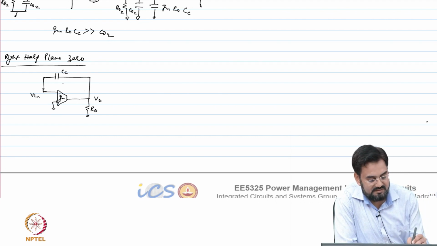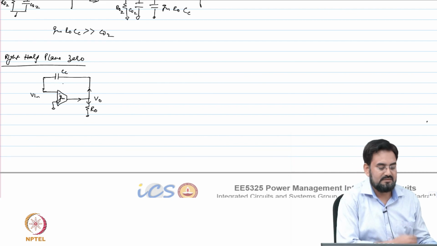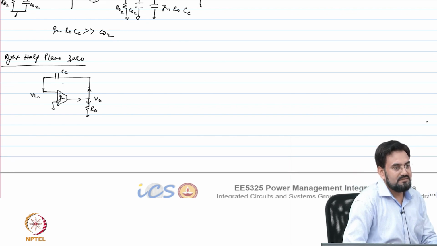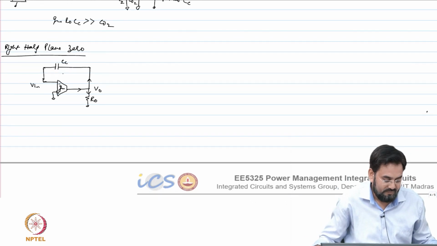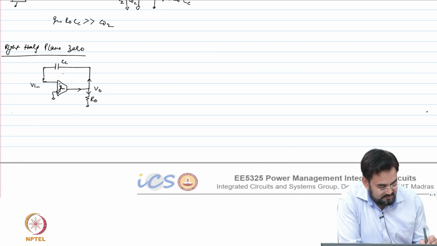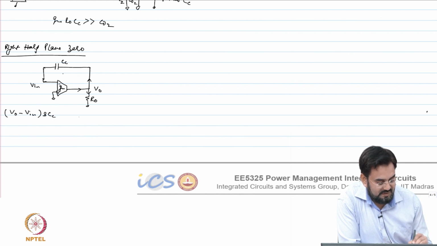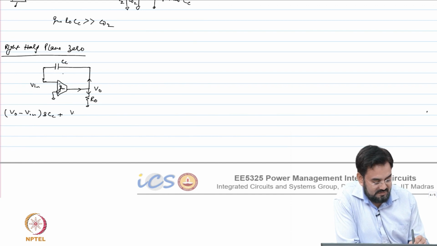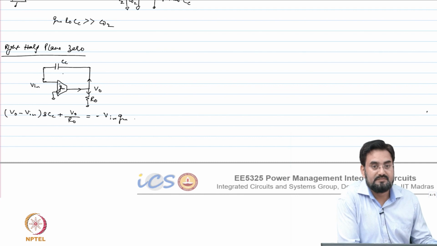So you have 3 currents, this, this and this. Just apply KCL at V out. So V out minus V in S of CC plus V out over R out equal to what? Minus V in GM.